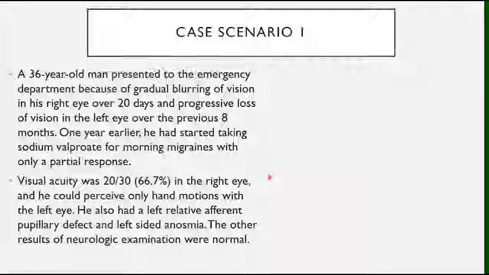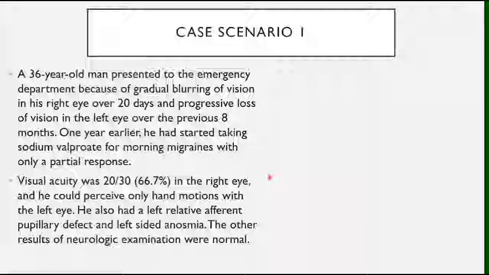Visual acuity was 20/30 in the right eye, and he could perceive only hand motion with the left eye. He also had a left relative afferent pupillary defect and left-sided anosmia. The other results of neurologic examination were normal.